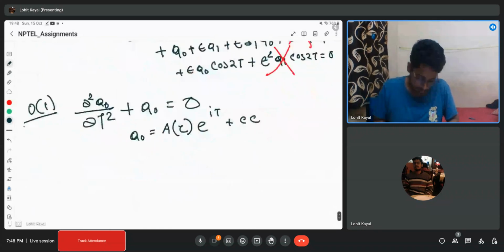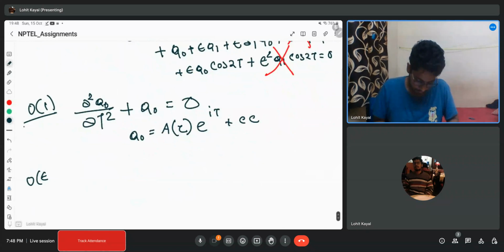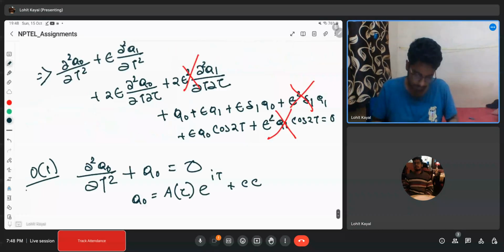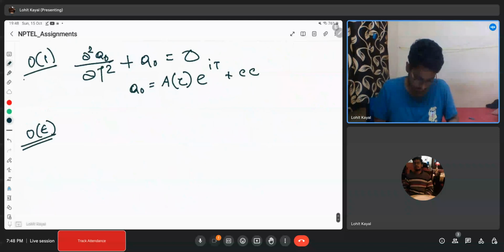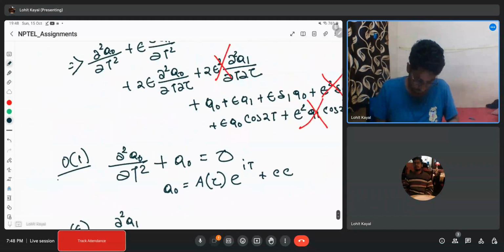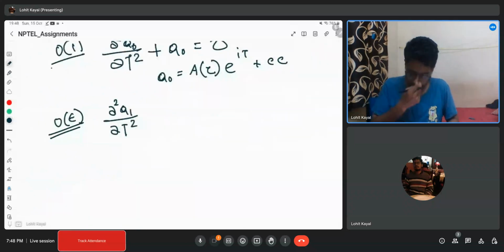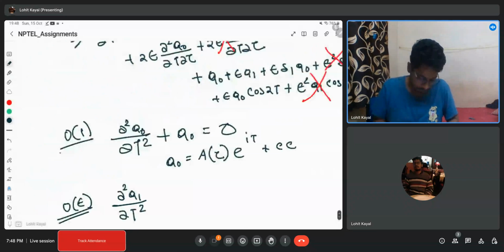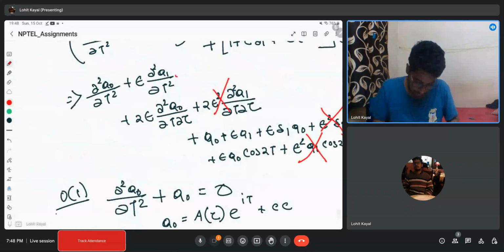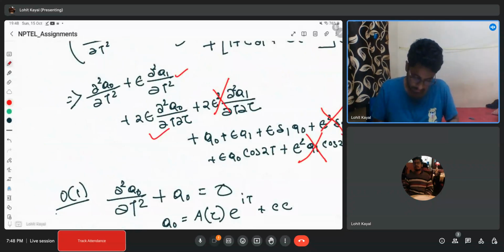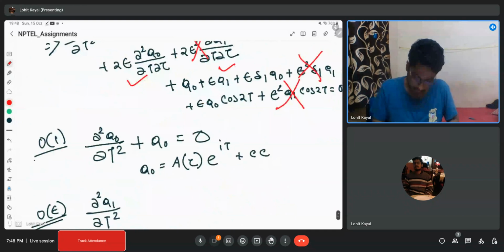Now for the order ε, we will need to take this term, this term, this term, this term, and this term.